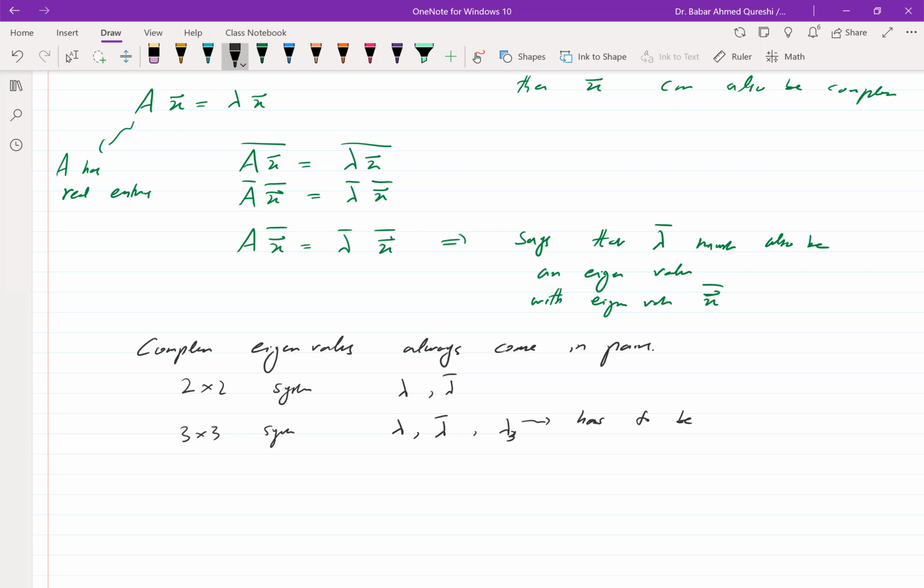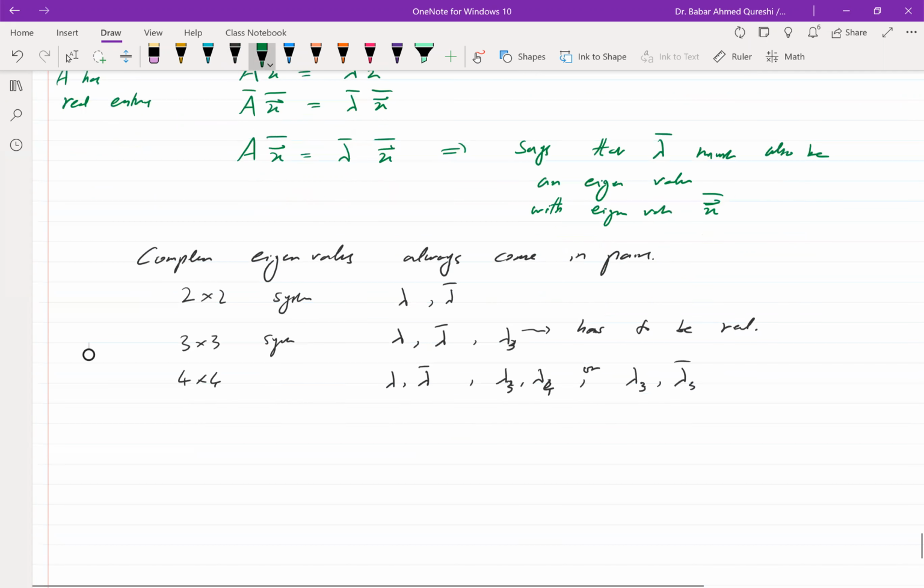It cannot have its pair, because in a 3 by 3 system you have only 3 eigenvalues. In 4 by 4 you may have something like this and the other two may be real, or if you find another complex eigenvalue lambda 3, then the fourth one would be its complex conjugate. The point is that they always come in pairs.